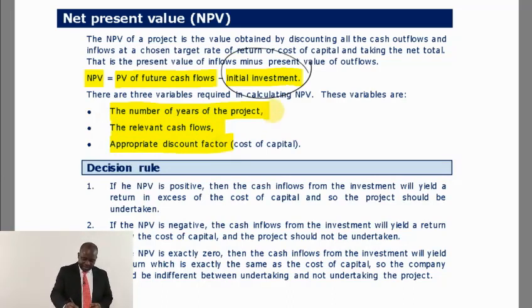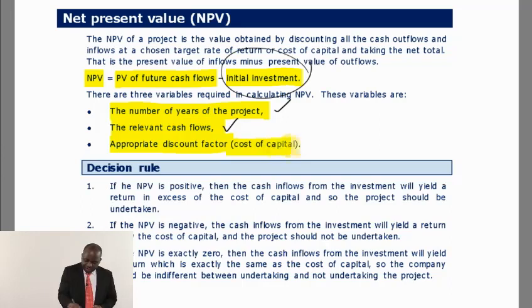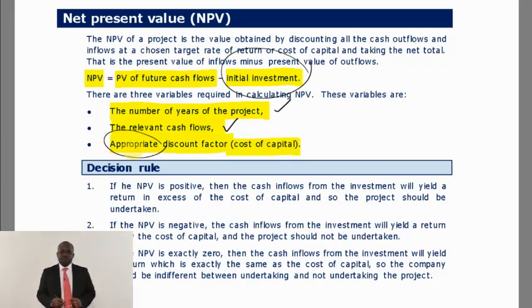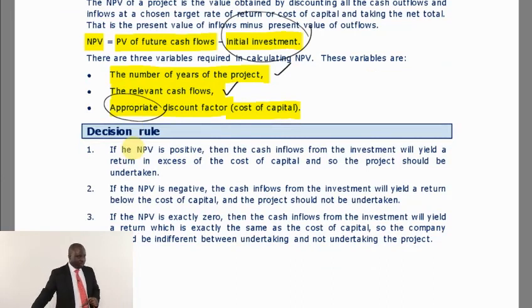The first variable should be the number of years, the relevant cash flows, and the appropriate discount factor. If you look at your lecture note, we haven't said discount factor. We've said appropriate discount factor. That word appropriate is really, really important. At the appropriate time, I'm going to show you why we are using that word appropriate.